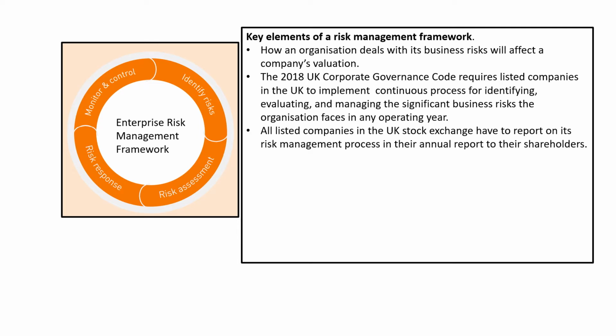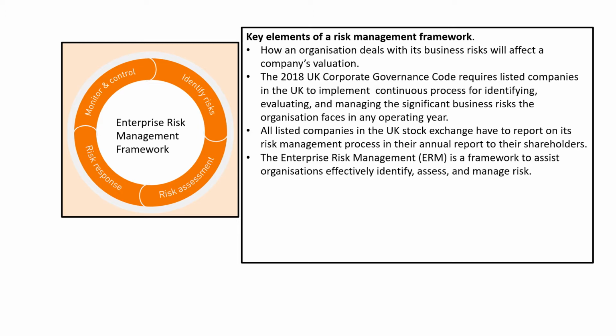All listed companies on the UK Stock Exchange have to report on their risk management process in their annual report to the shareholders. The Enterprise Risk Management Framework is a framework to assist organizations to effectively identify, assess, and manage risk.